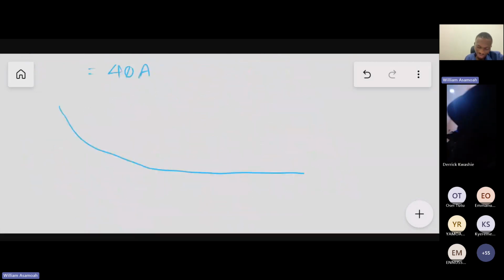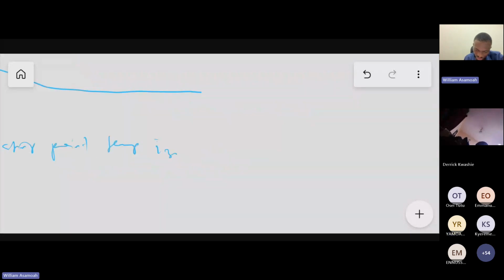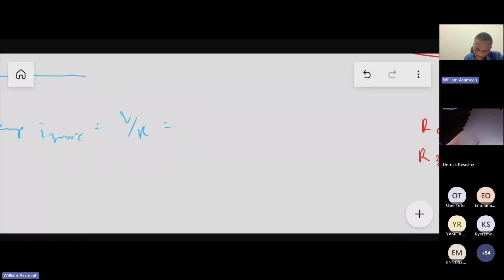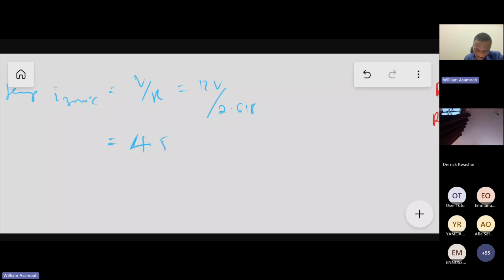Now, at that settled operating point temperature, what will be the current at 3000 degrees Celsius? It's still going to be V over R, and V is 12 volts. R was found to be 2.618. Well, what's the current we have here? 4.583 amperes.